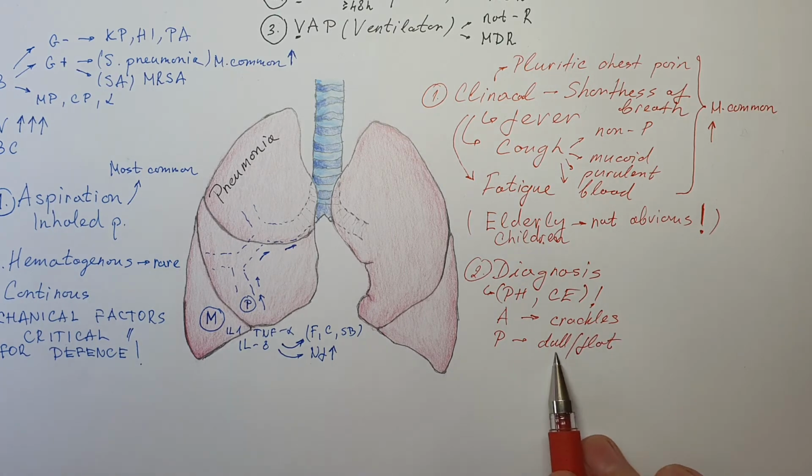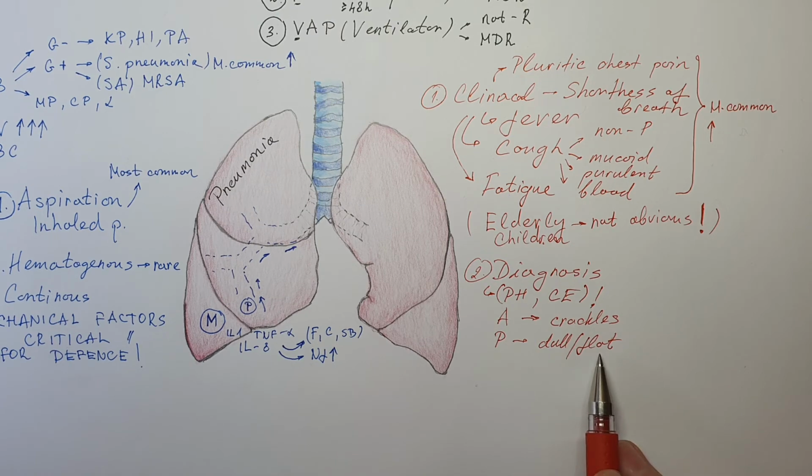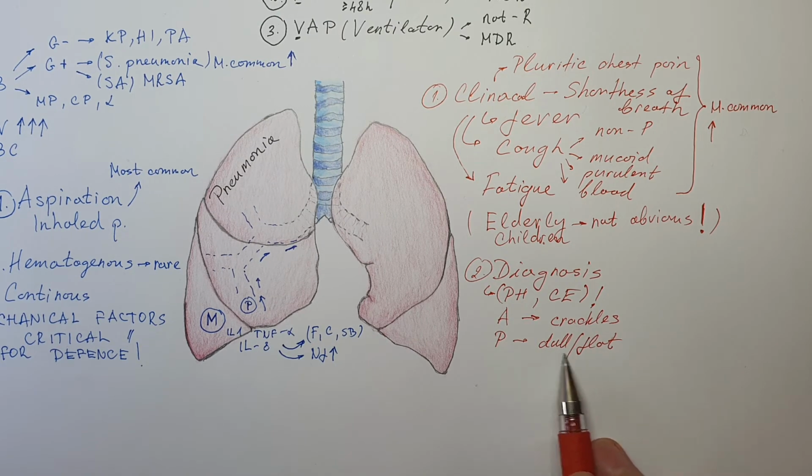So this, for example, you can compare it to a barrel. Normally, the lung sounds like a barrel that is not filled with fluids. But when you develop pneumonia, you have exudate developing, and the lung sounds pathologically like a barrel that is filled with some fluids, and this sound is a little bit dull or flat.